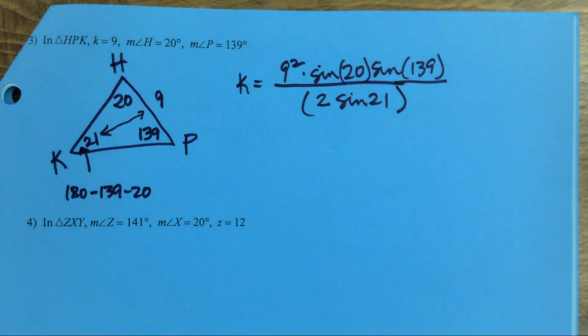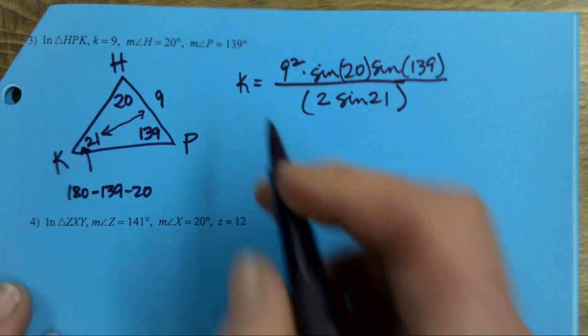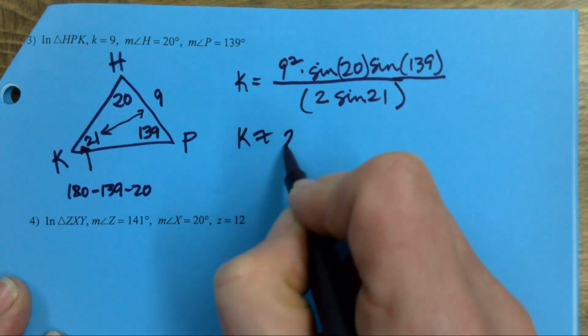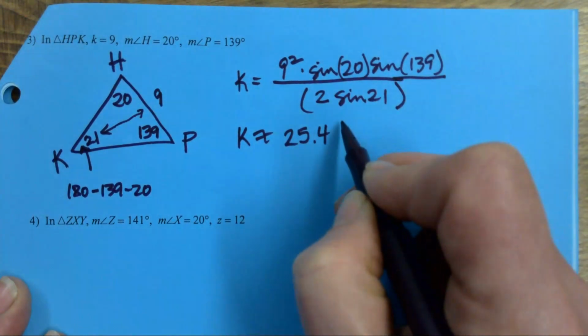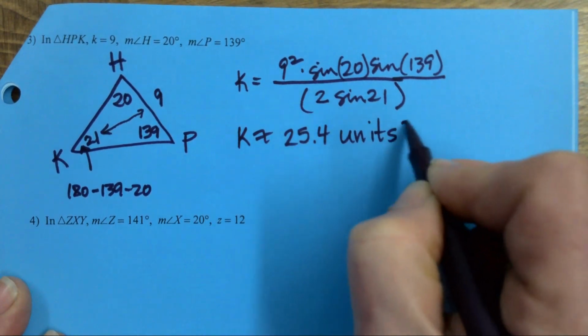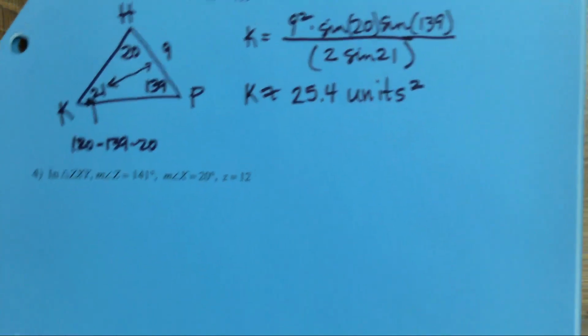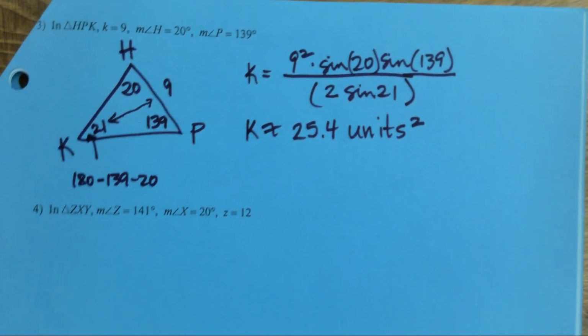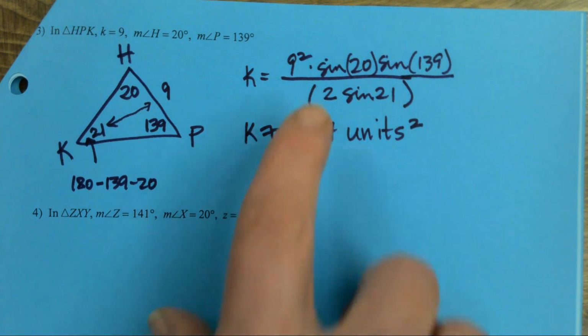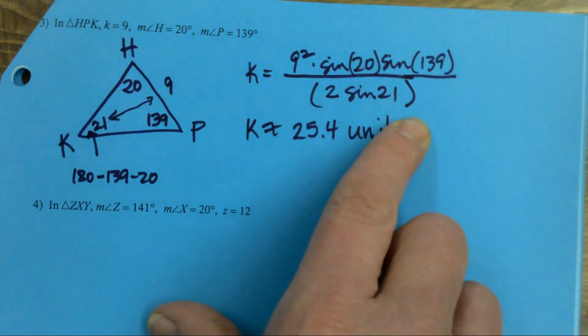25.4-ish. Anybody get that? Yeah, okay. I keep getting like 3.3. Did you make sure you put parentheses around the whole bottom?